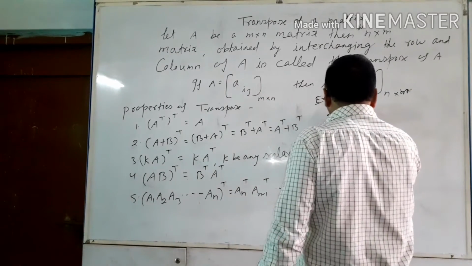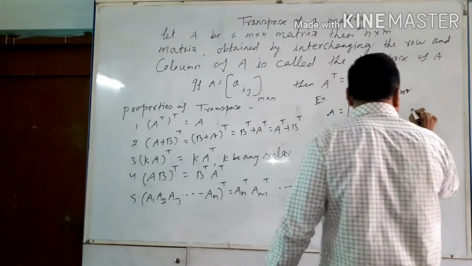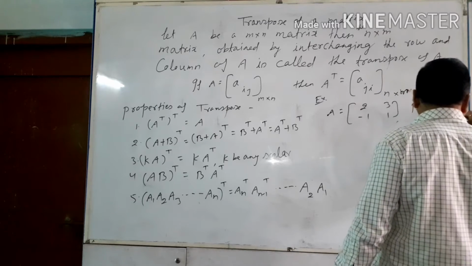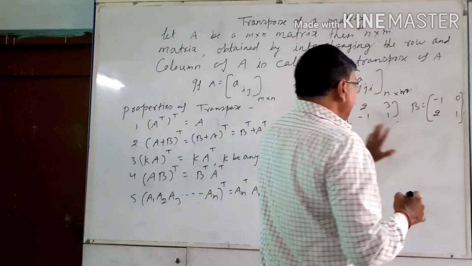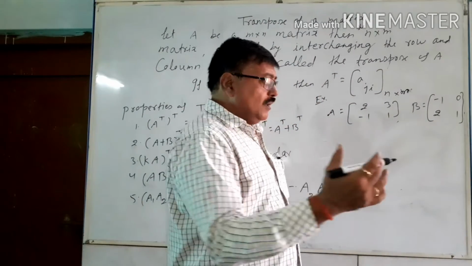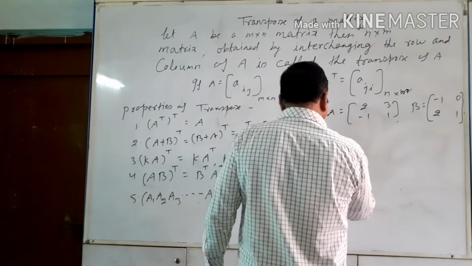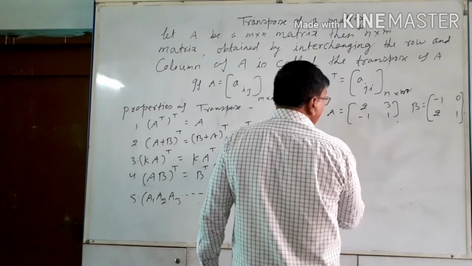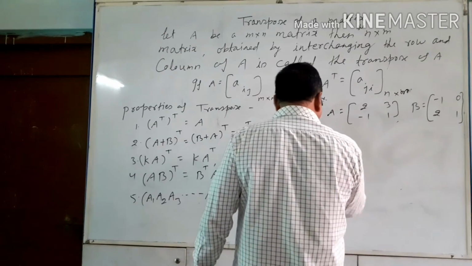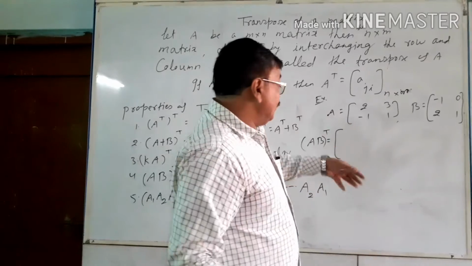Suppose A equals 2, 3, minus 1, 1, and B equals minus 1, 0, 2, 1. A and B are both 2 by 2 matrices. Now, if we multiply A and B, then we have to write (AB) transpose. First of all, we multiply A and B, and then take the transpose of AB.